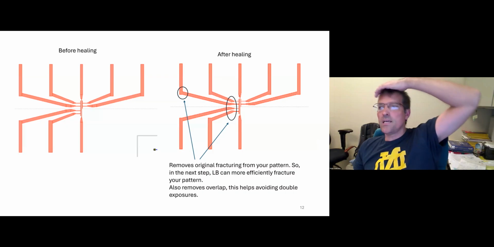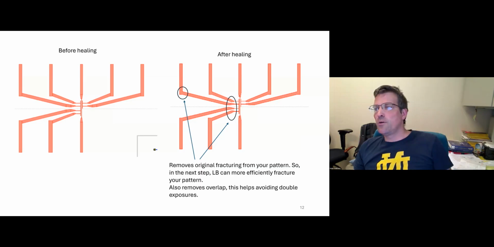Now, the healing is somewhat important, especially if you are not very careful on your initial layout design. Because what it does, it actually removes all the initial fracturing that GDS does on your initial export. Also, for example, you created your pattern, and let's consider that this diagonal part of the sample is extending a little bit here into the vertical rectangle.